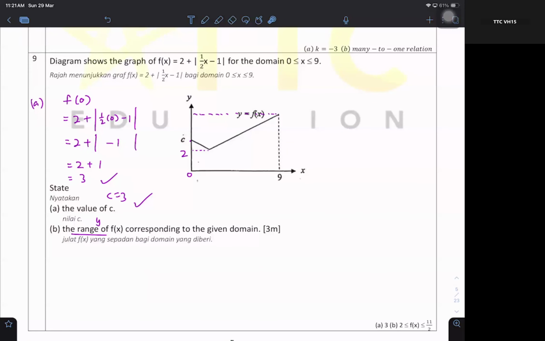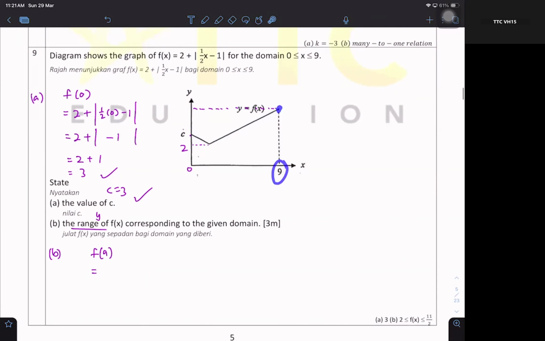Okay, then what is the highest Y here? This one you need to sub in the 9. You f(9), because the X is 9 here. Then you take the bracket 9, sub into the X, then you press calculator.